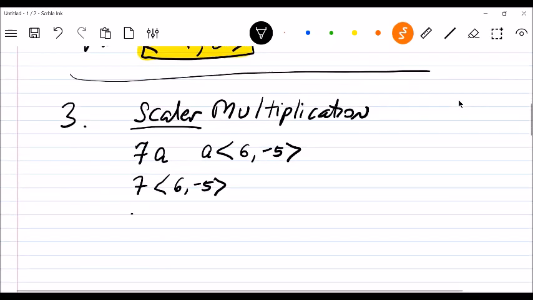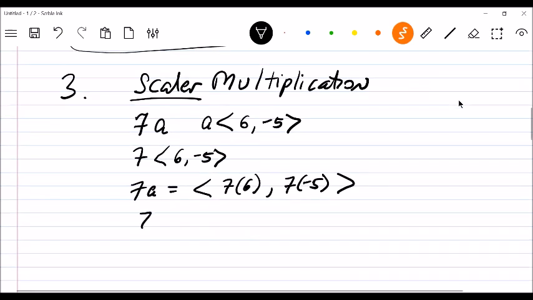Instead, 7a is equal to a vector where it's 7 times 6, and then 7 times the -5. So sort of like distributing it. Now, the actual answer, 7 times 6 is 42, and 7 times -5 is a -35.